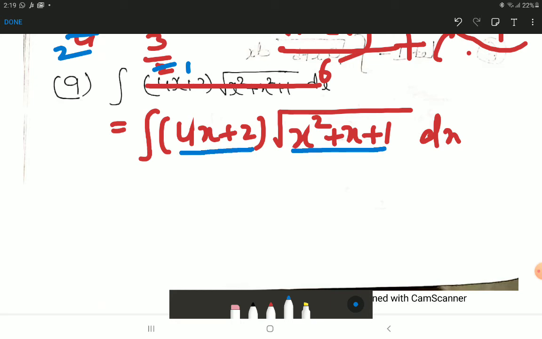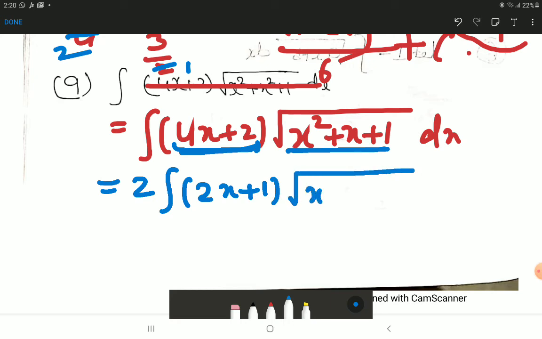Derivative of x square is 2x but it is 4x. Derivative of x is 1 but it is 2. That is, it is almost double of its derivative. So that can be easily simplified. Take 2 common. So 2 into 2x plus 1 into square root of x square plus x plus 1 dx. Now it's 100% the same derivative present here.